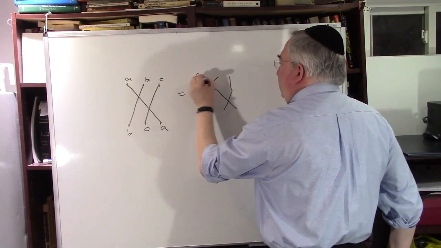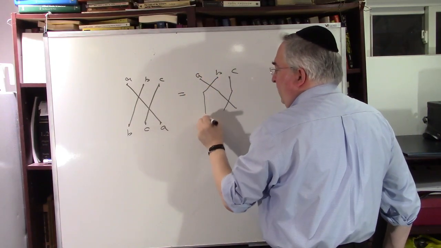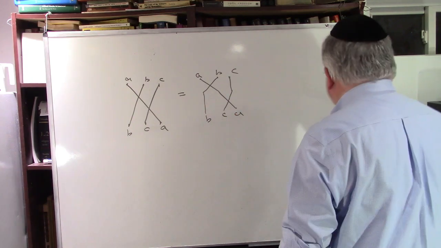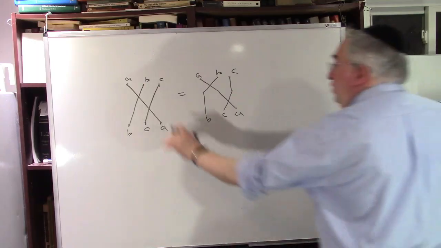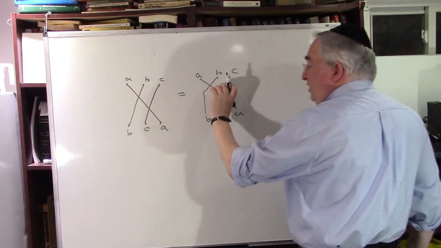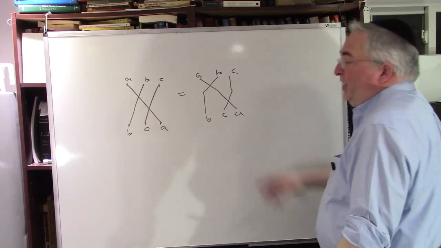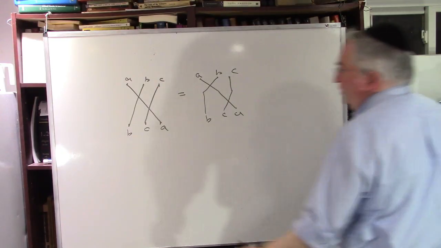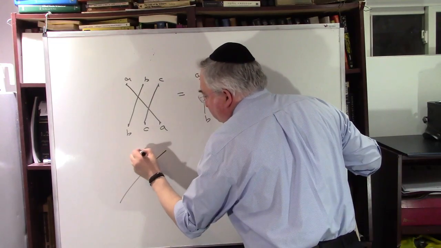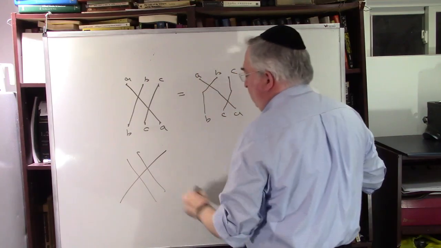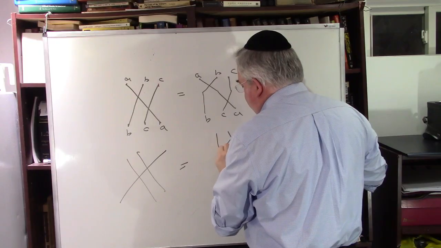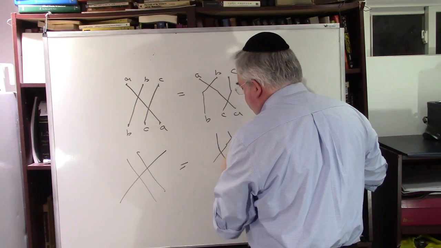So I'll say A, B, C, and B, C, A. So doing one double cross is the same thing as doing two little crosses. That's one of them. The other one consists of going like this, which is the same as this with the identity, and then this with the identity.